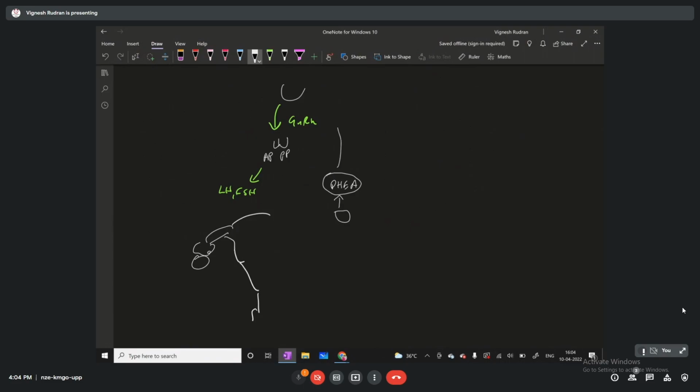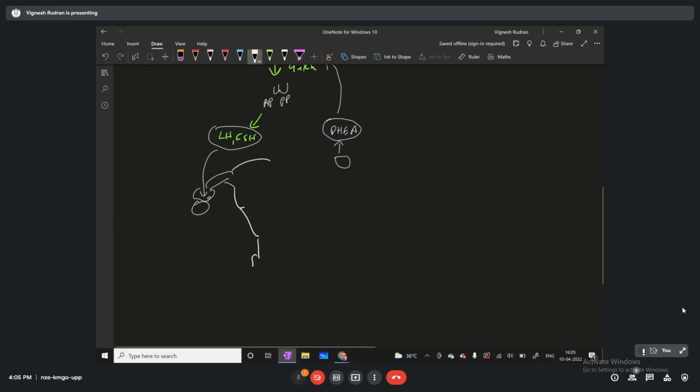So this will go and activate this GnRH, and then your LH and FSH are secreted, and then from your maturing follicle, you have your estrogen being secreted. Then once that follicle is mature, ovulation takes place, and that follicle goes and reaches the uterus waiting for fertilization, and you have your corpus luteum over here that will secrete progesterone.